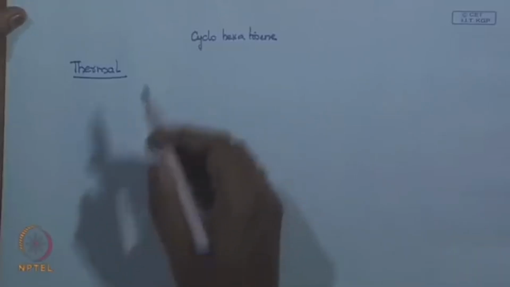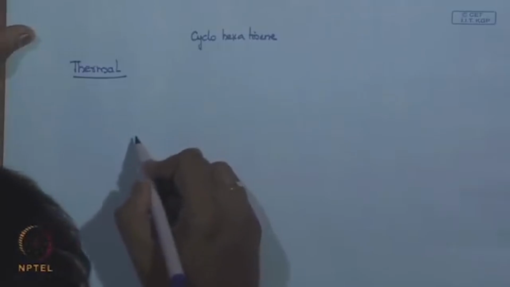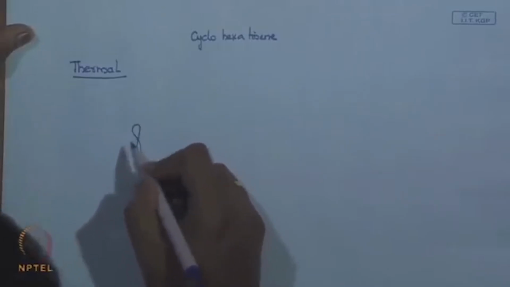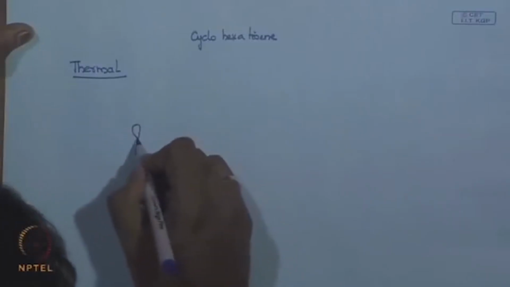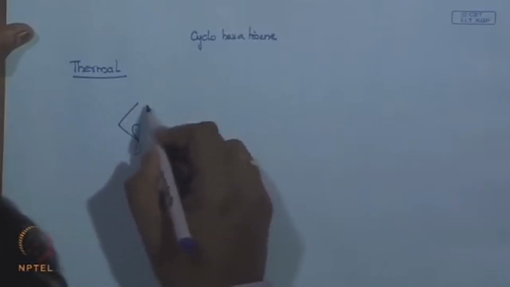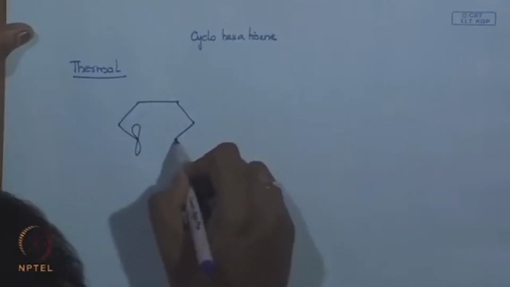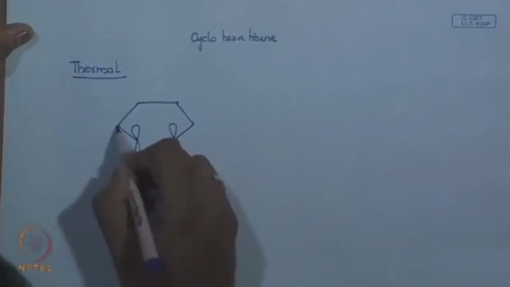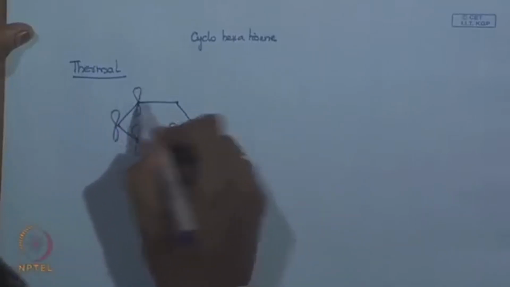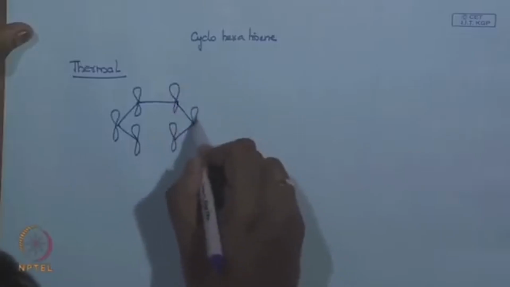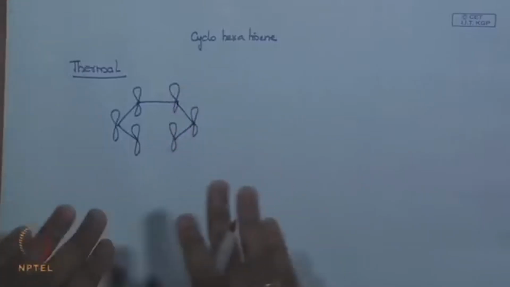So, as you know, in thermal condition, what do you have to consider? What orbital are we talking about? Yes, pi 3, the HOMO. So, you just draw that. So, your pi 3 is... See, initially once you want to learn, you put all the orbitals, try to understand.